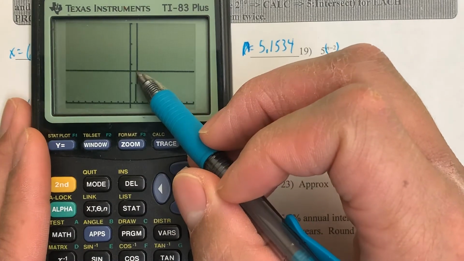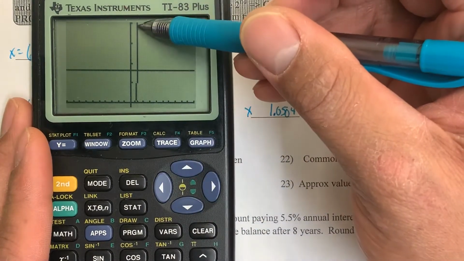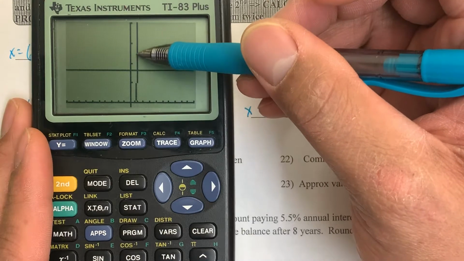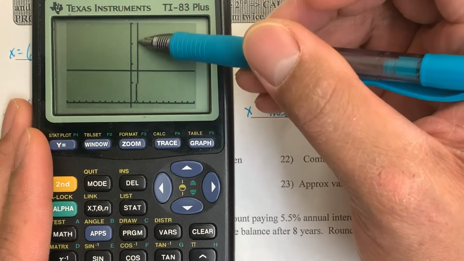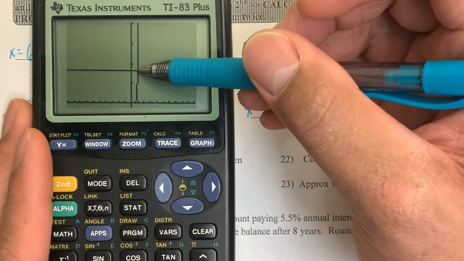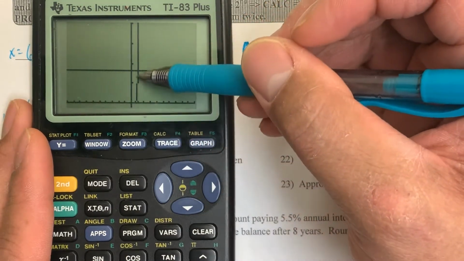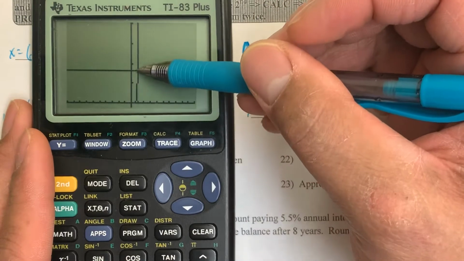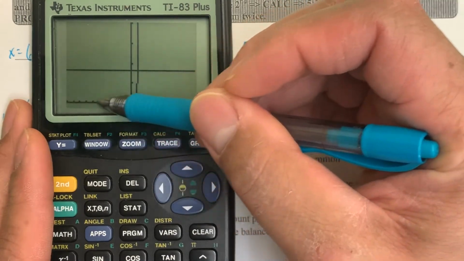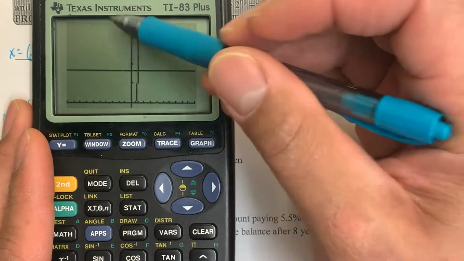And you have to use your imagination a little bit, because this looks like it's going straight up, but we know it's not going straight up. It's just going up very quickly, so quickly that the pixels can't delineate. So I have to imagine, okay, this curve actually starts somewhere over here, right? That's what the shape of the exponential graph makes. Starts low on the left and shoots up, or goes the opposite direction.